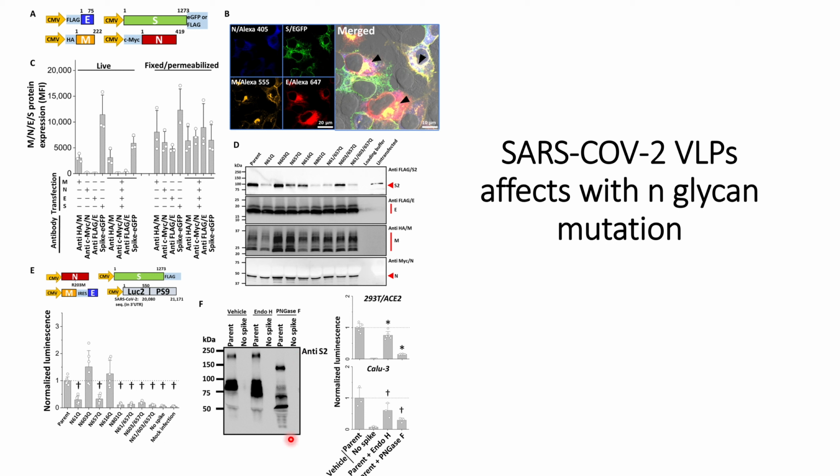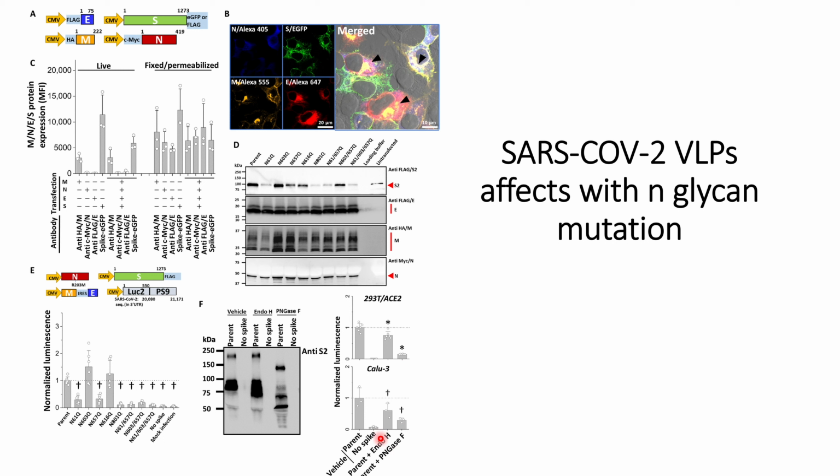Later on, they did this analysis on two kinds of cells. The first is the 293T cells and the second is the Calu3 cells. There also they saw similar results: with EndoH there is a slight reduction in the luminescence, whereas with PNGase there is a maximum reduction in the luminescence.